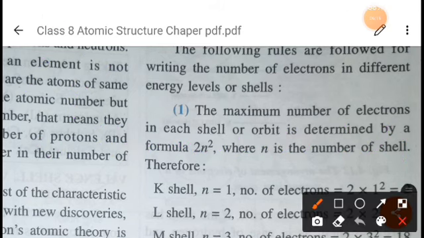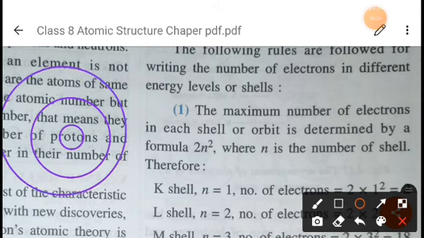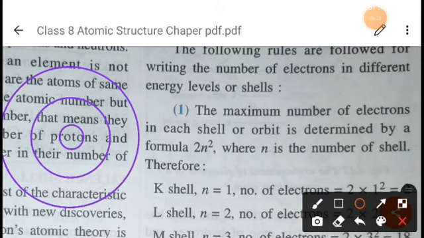Suppose I draw here, this is our nucleus, this is the first shell, K shell, and this is the L shell, okay. So the first shell, K shell, is given the number 1, and the L shell is given the number 2, right?